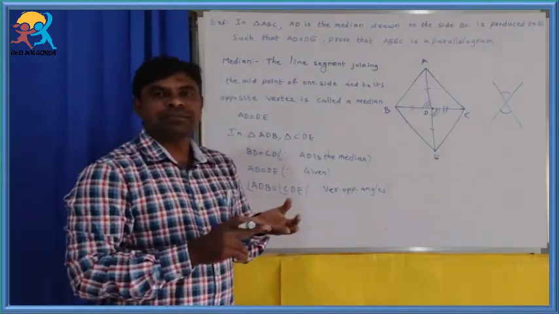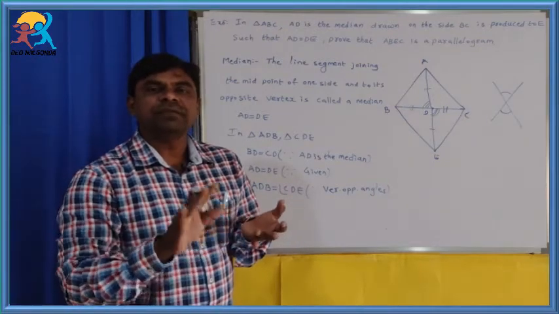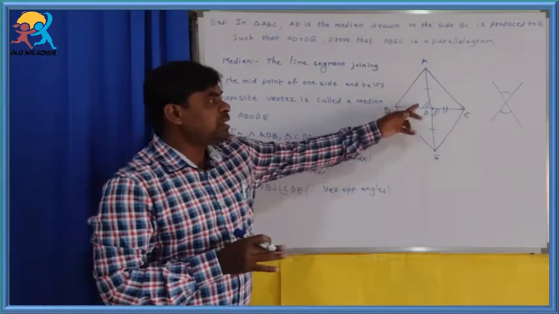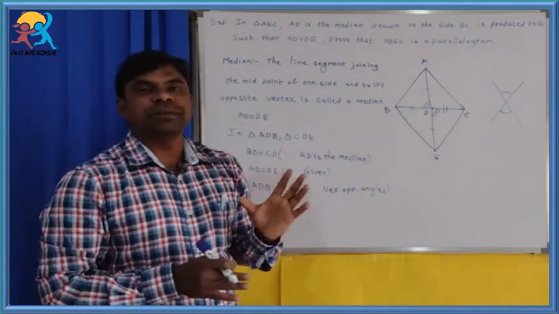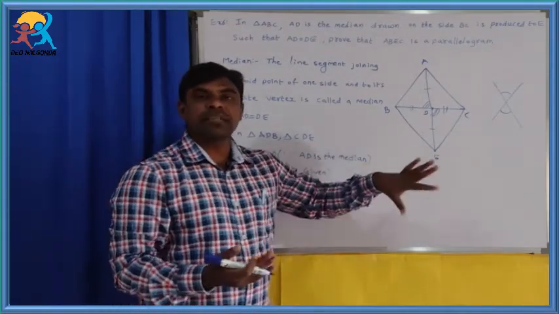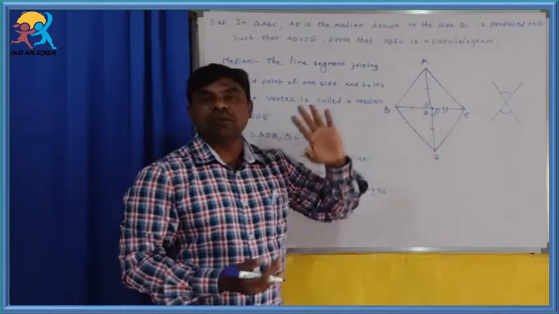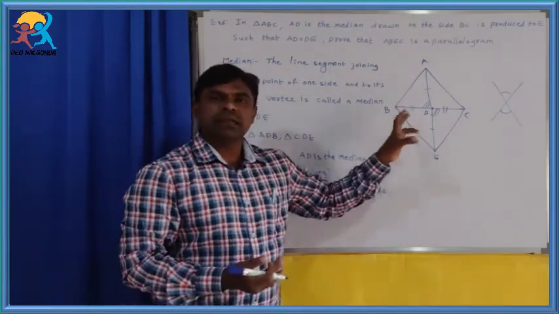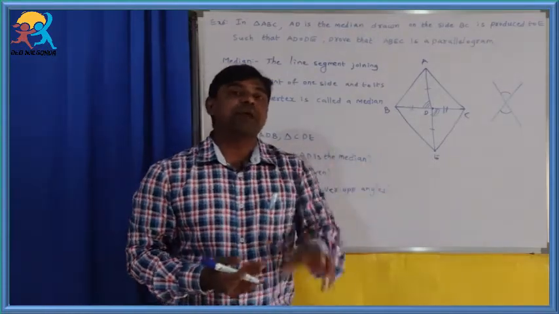We should record all the properties: SSS property, SAS property, ASA property and RHS property. Here it is not 90 degrees, that is why we have to omit RHS property. And next one, ASA property, there we have to know two angles, here only one angle we have known. That is why here we can go for SAS property.